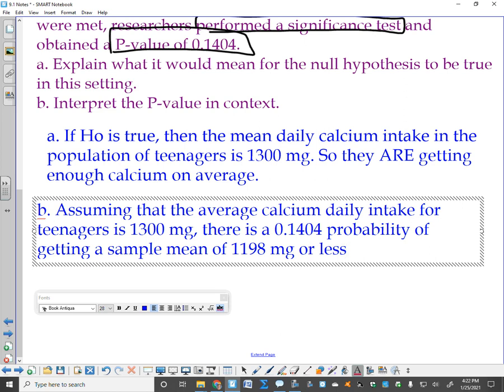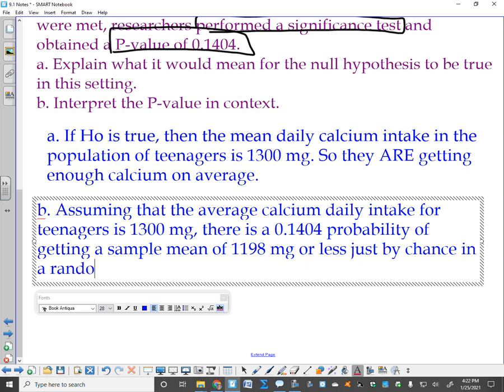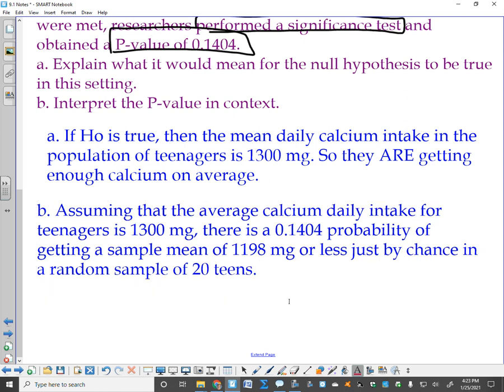So of getting that or less just by chance in a random sample of 20 teens. Okay, giving you a chance to write it down.